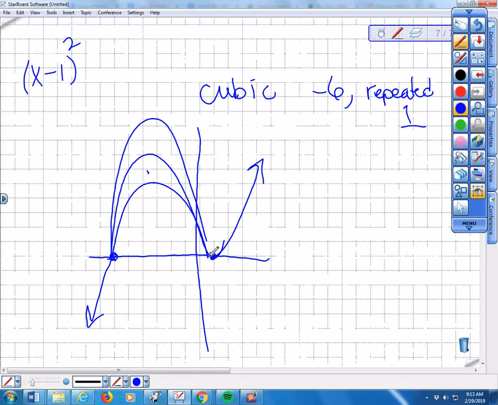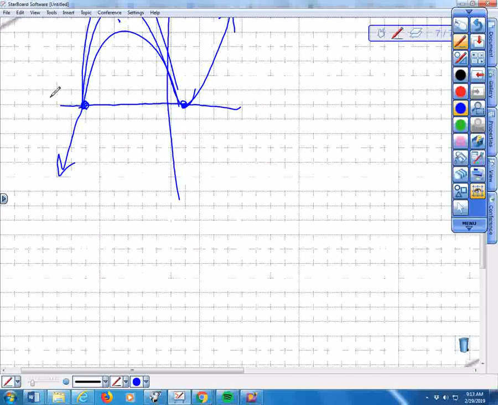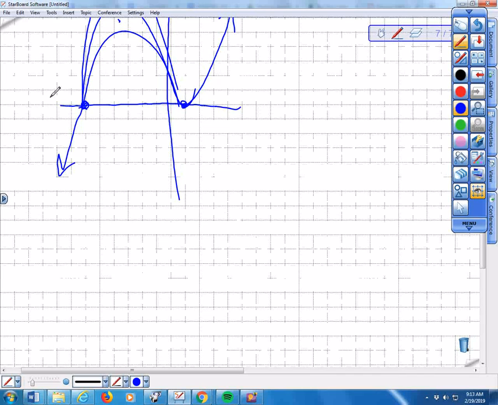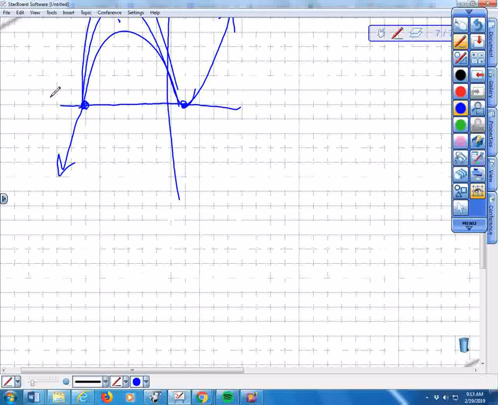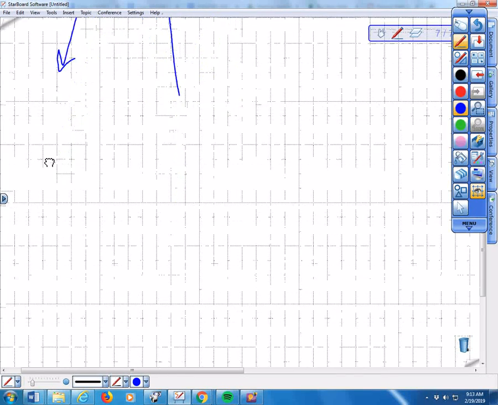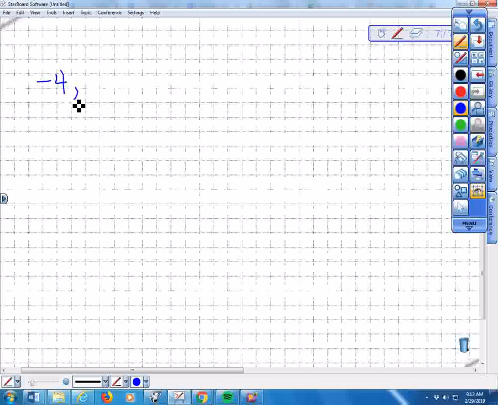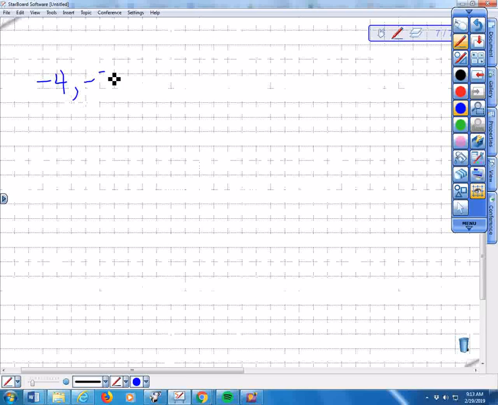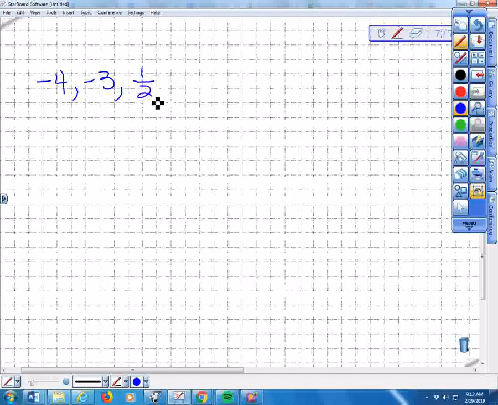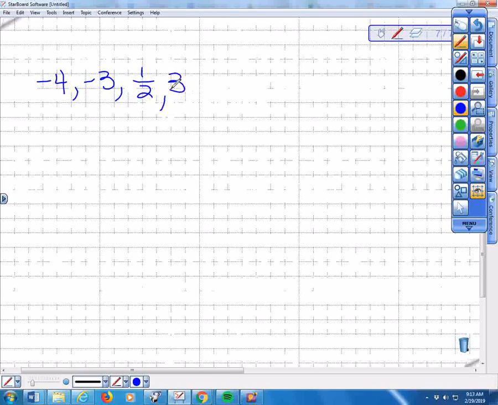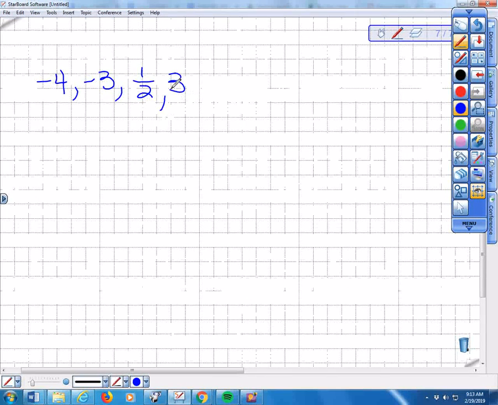Okay, let's try another sketch. Let's do, which one do I want? Here's one that's got roots of -4, -3, 1/2, and 3, and has an absolute maximum at (2, 5).